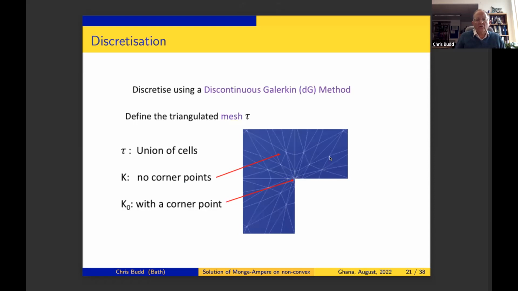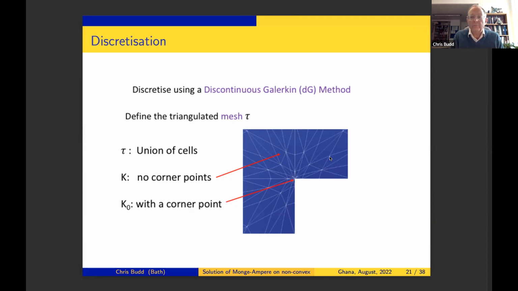We're going to discretize this problem using a discontinuous Galerkin method. I won't go into any details about the method. Suffice to say, it's a classical finite element method where we discretize on a triangulated mesh. We can see here the sort of mesh that we might be using.